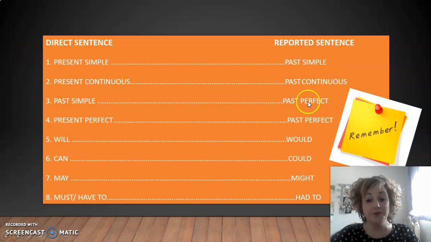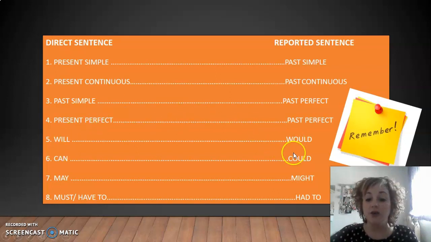Past perfect has been studied before during this term, so I suppose that you can remember it very well, or I hope that. Okay, present perfect is changed as well into past perfect. Okay, this one is a little bit different because will is changed into would.